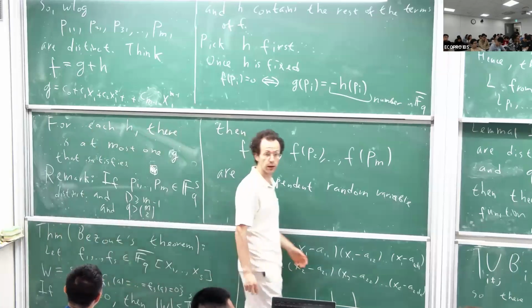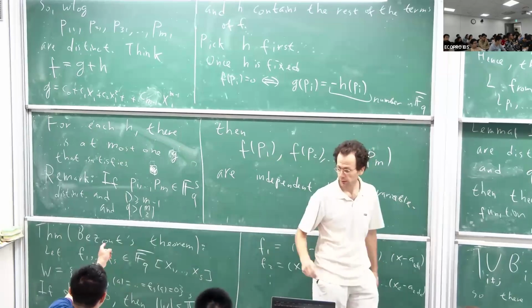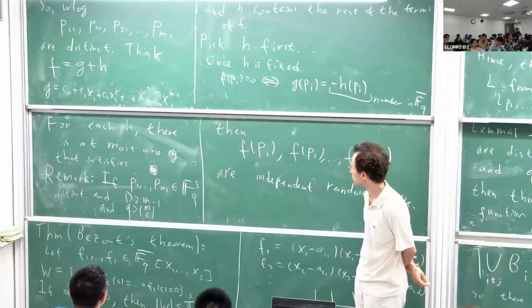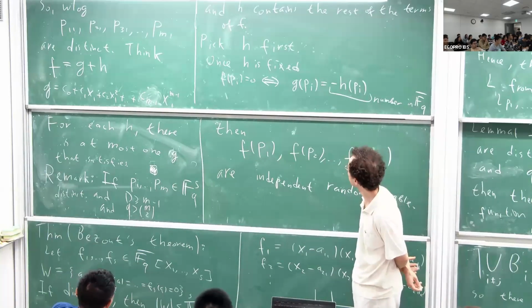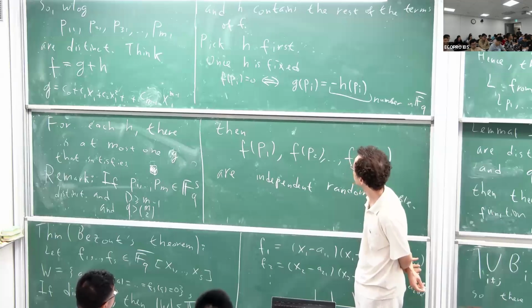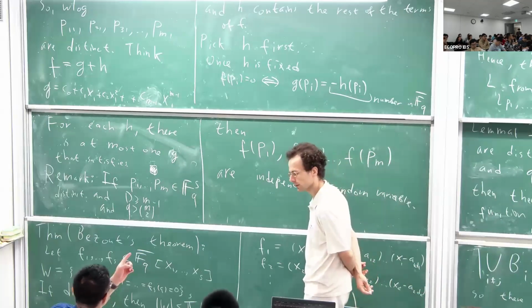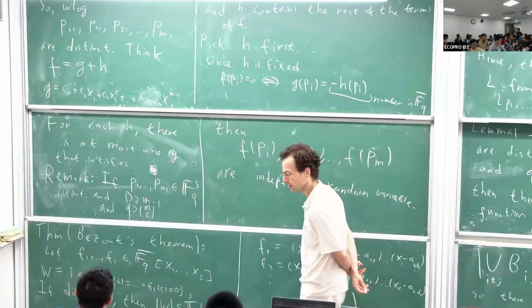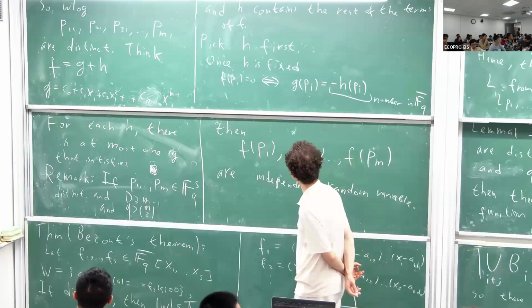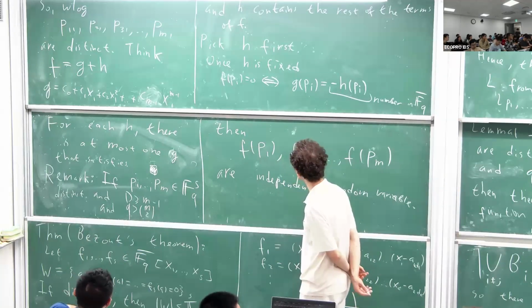All right. So basically this G has to be 0, because the degree is m minus 1, but you have m distinct roots? Not sure. G is a random polynomial.